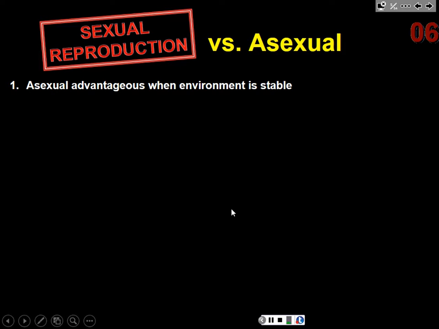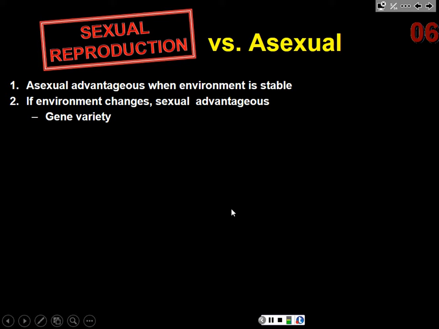Well, asexual is fine as long as conditions are stable. But when conditions get uncertain and survival is questionable, then those organisms oftentimes will resort to sexual reproduction to get some genetic variation so somebody might survive. Okay? So when things are not stable, sexual reproduction has an advantage, okay?